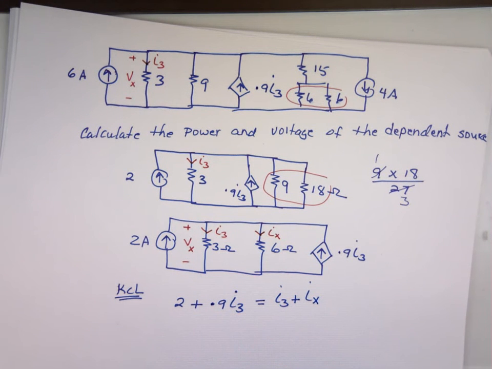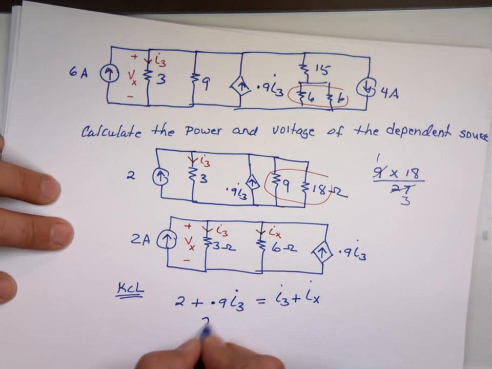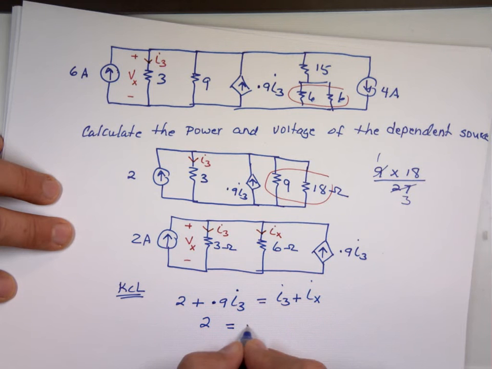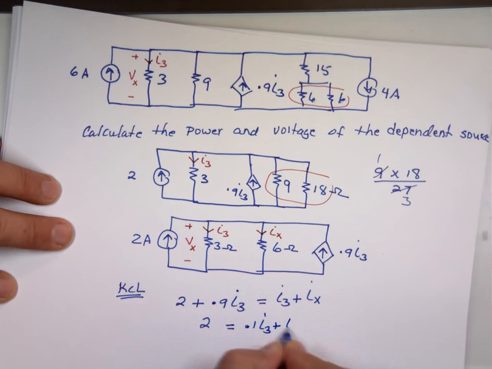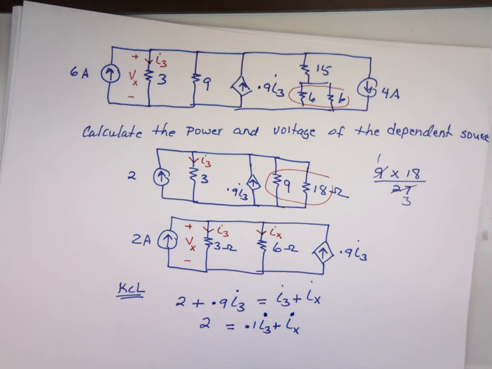So if you clean that equation, this becomes a negative 0.9. So I'm going to have what? Is it 0.1 I sub 3 plus I sub x? One minus 0.9 is 0.1.